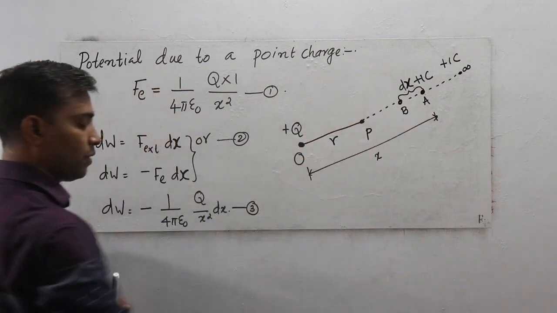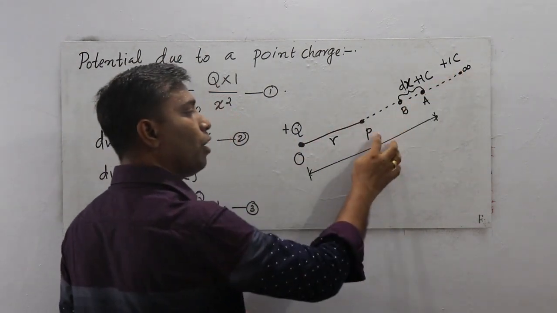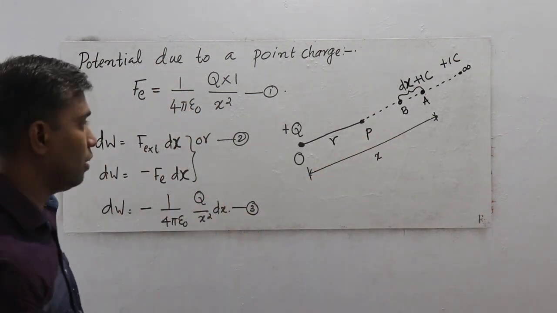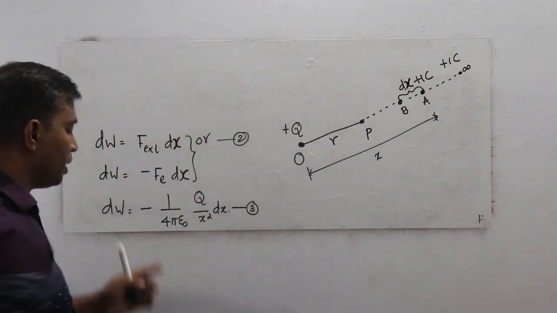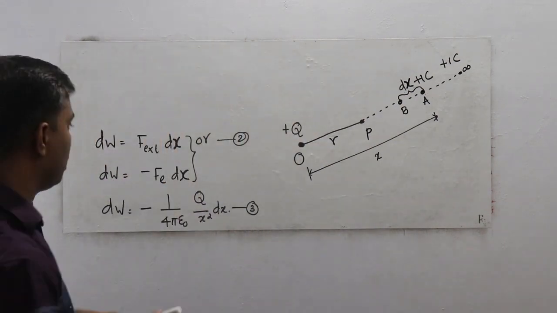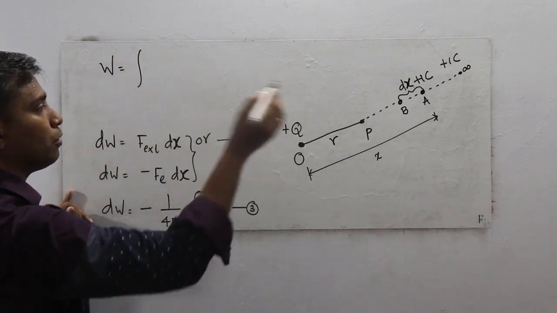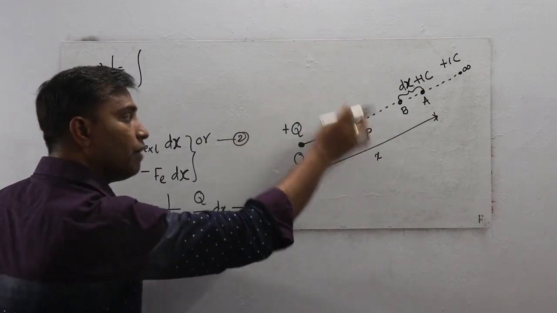But we need to bring the charge from infinity to the point P. So we need to find out the total work done. So we are going to integrate this equation number 3. The total work done is equal to the integral from where to where? It's from infinity മുതൽ P വരെയാണ് വരുന്നത്.